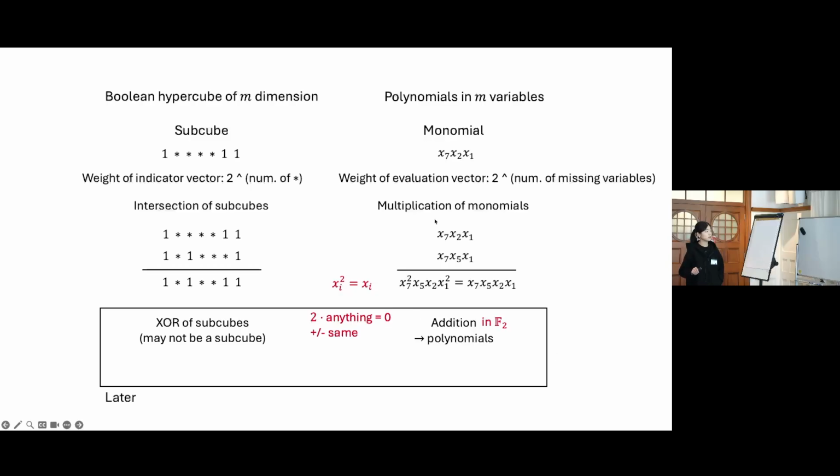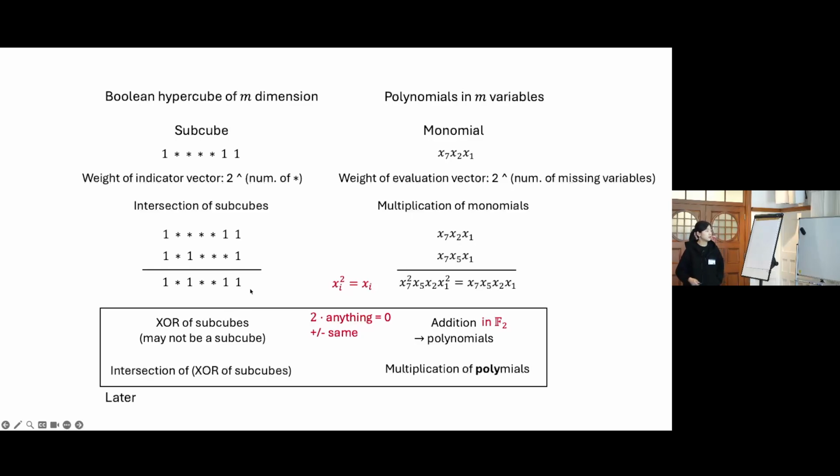This is an example. Here we just multiply these 2 monomials, and we get this. These are binary variables, so the square of a variable equals itself. We just remove all the squares, and it ends up with this, which, as you can check, is the same as this. Okay.